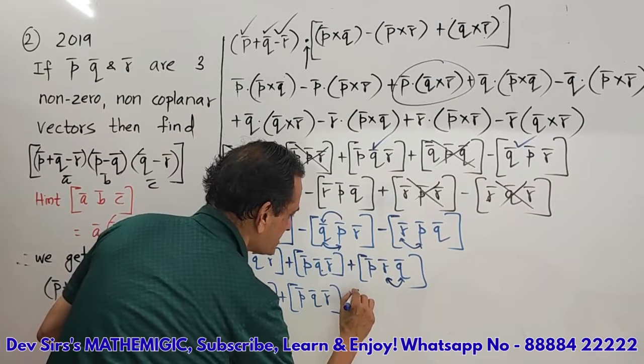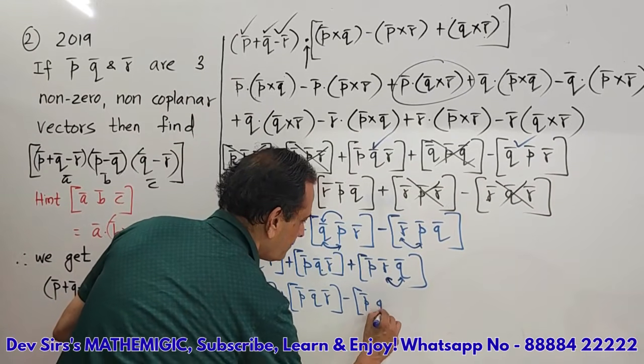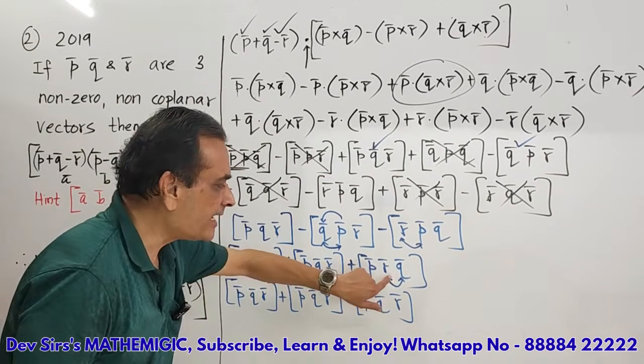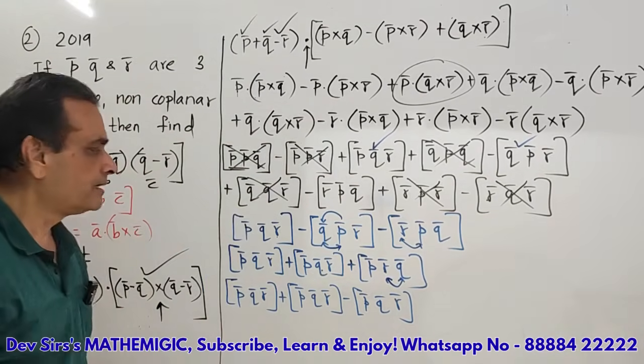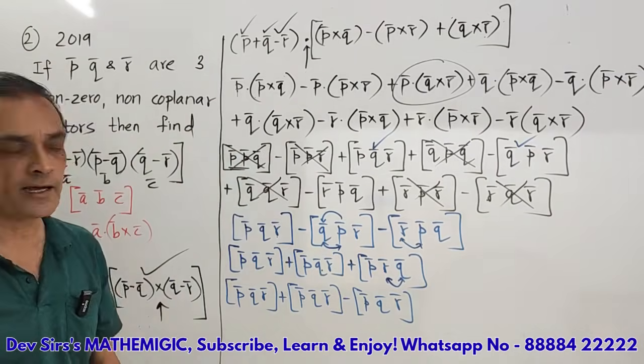Plus becomes minus. Abhi I'm getting Q here and R last position. So when I interchange R and Q, सिर्फ R and Q बदला है, plus becomes minus. तो अभी तीनों बॉक्सेस में PQR ऑर्डर आ गया तो आसान हो जाएगा काम.